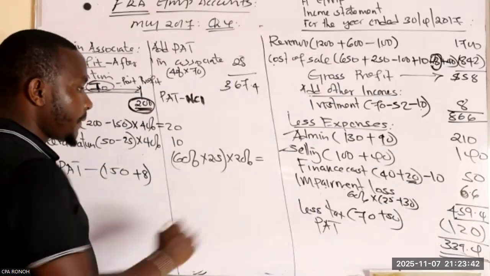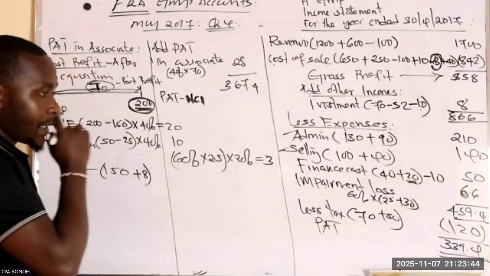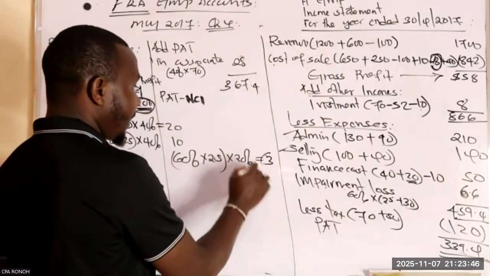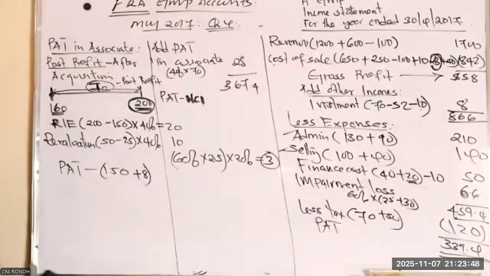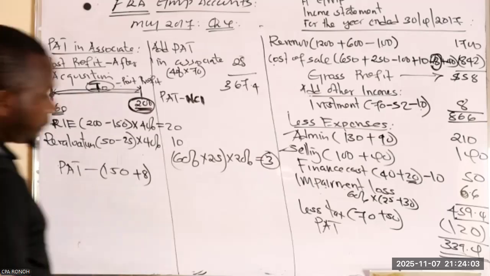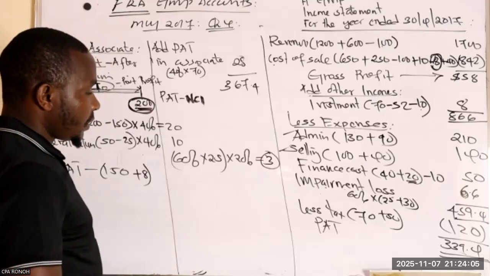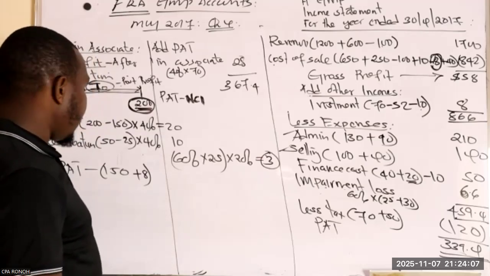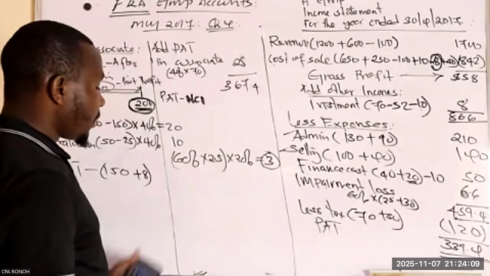You're getting 3. So if we are getting 3, how much does the parent control?